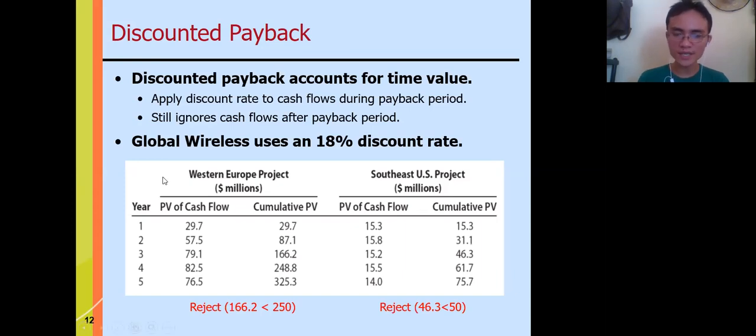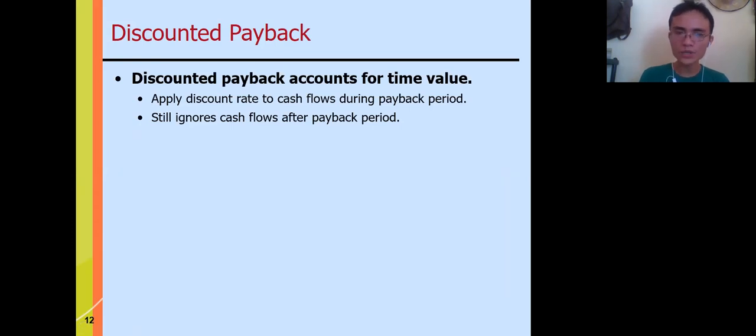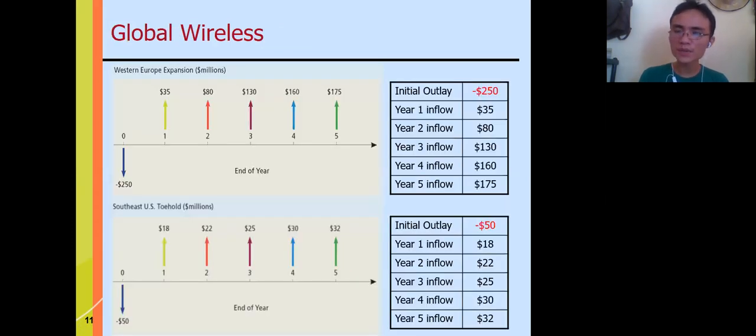So for year 1, it's 29.7. That's very high. I'm talking about the investment. The investment is very high. So that's $250. It's negative, by the way, in the sense that this is investment. Inflows are the proceeds. But then, of course, we can just take them as positive, as investment.